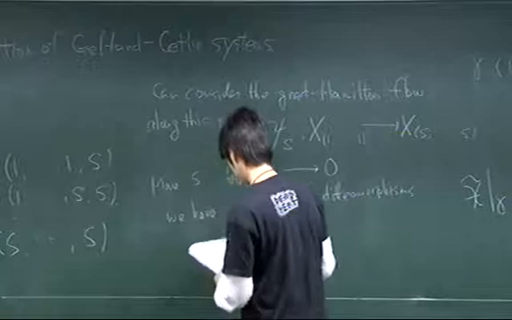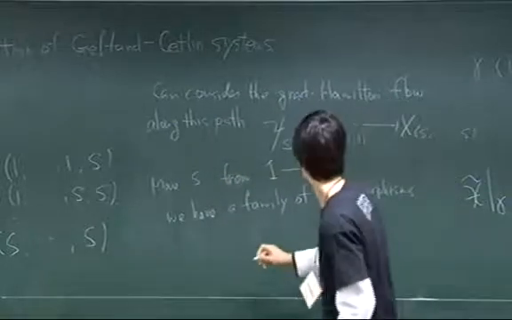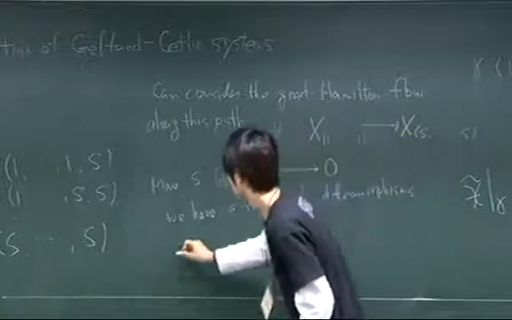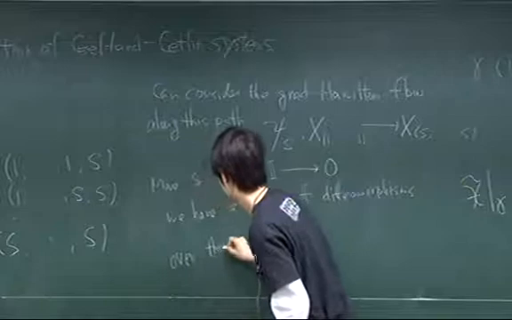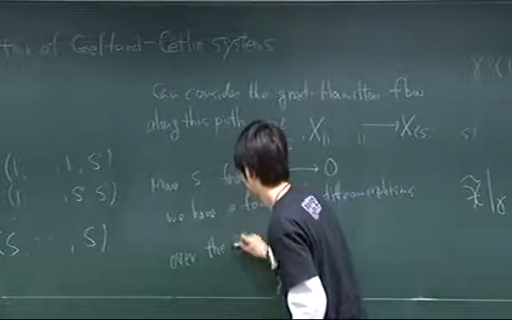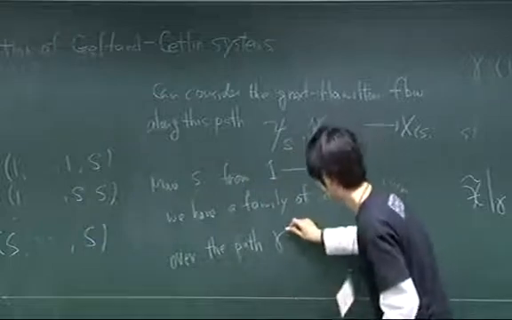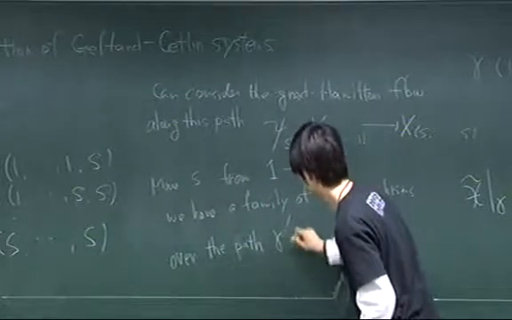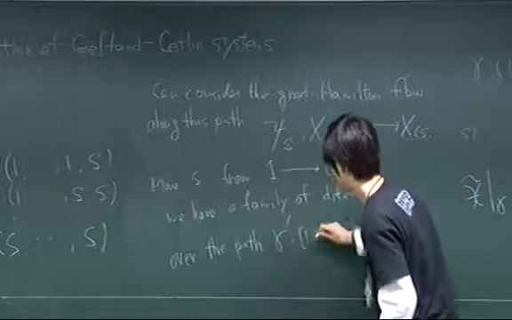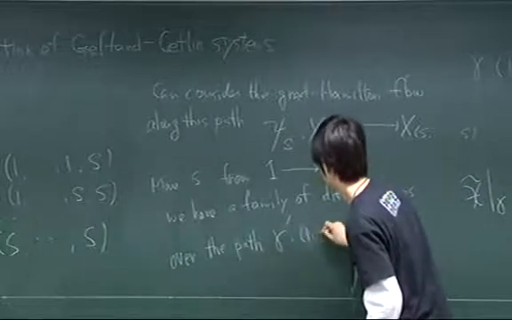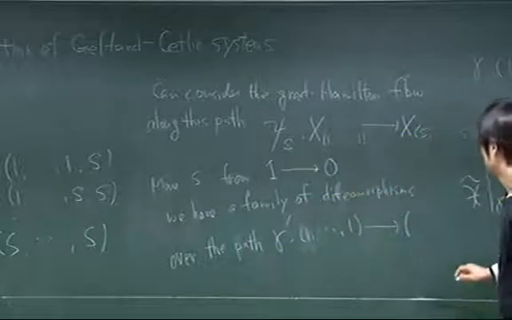A family of diffeomorphisms over the path gamma dash going from 1 1 1 to 1 0 0.